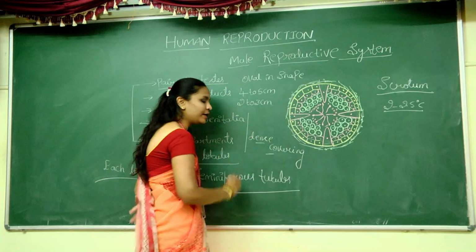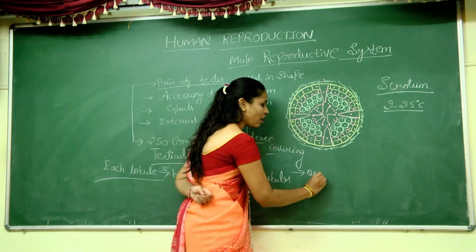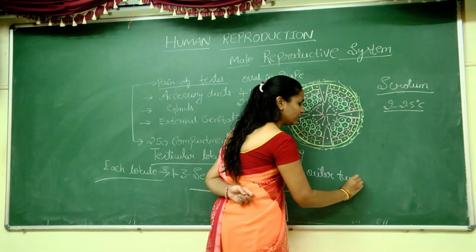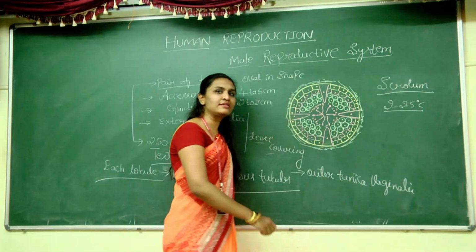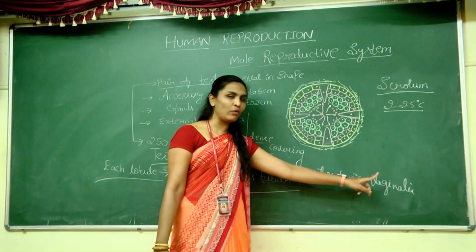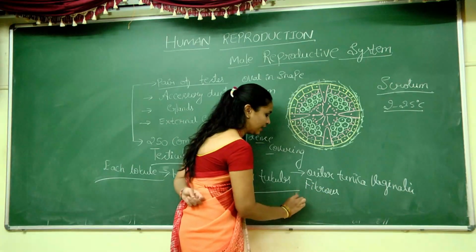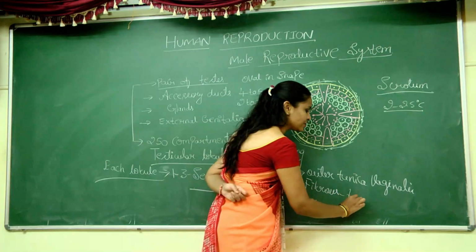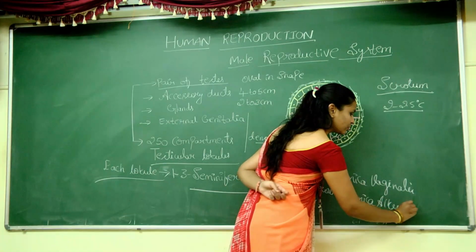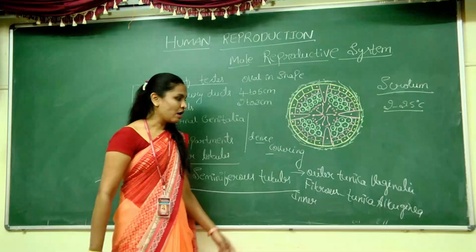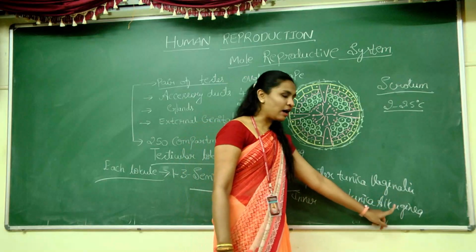The testis is covered by an outer tunica vaginalis and an inner fibrous tunica albuginea.